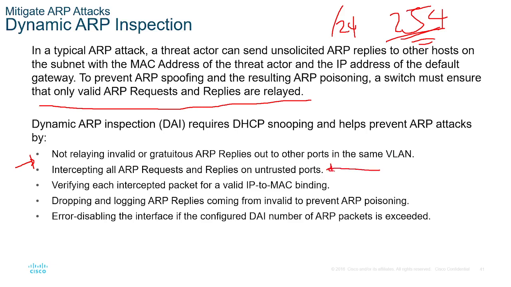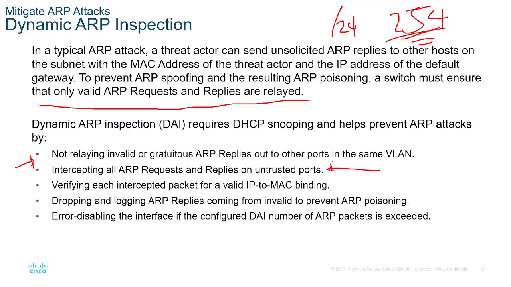Again, sa isang command natin kanina, we showed how to make yung ating port a trusted port by typing the command kanina na IP DHCP snooping trust, and then verify each intercepted packet for a valid IP to MAC binding. Tapos ida-drop and ilalog yung mga ARP replies coming from invalid bindings to prevent ARP poisoning.